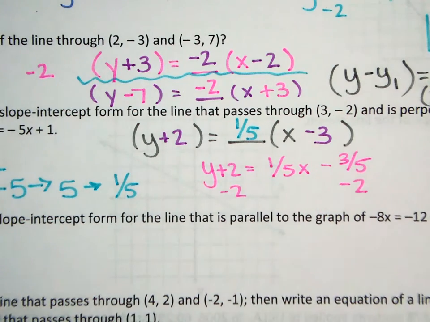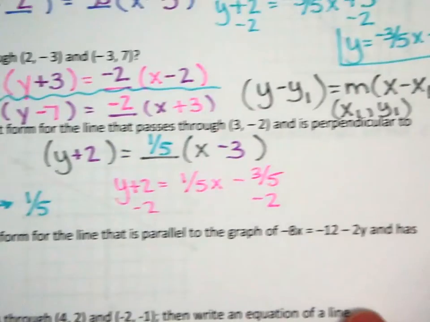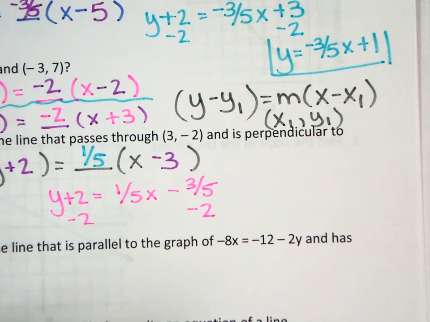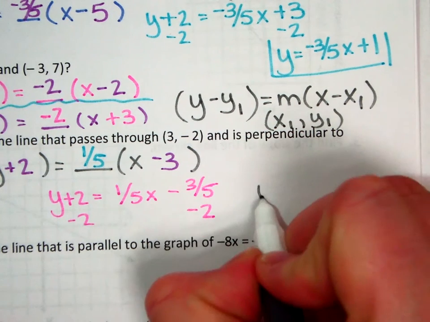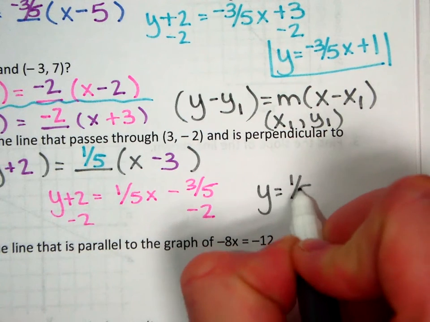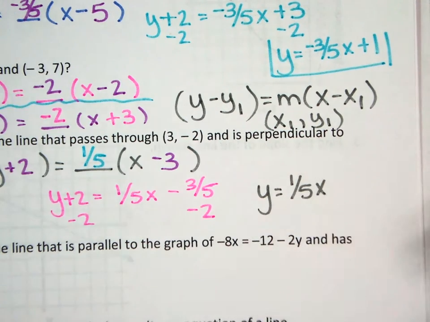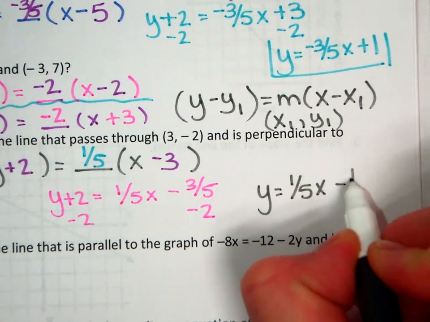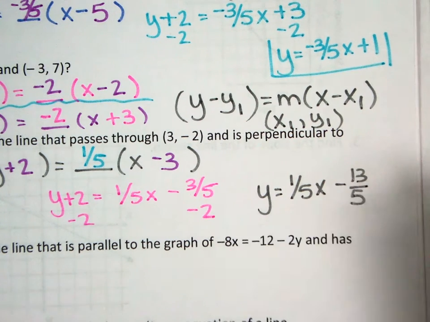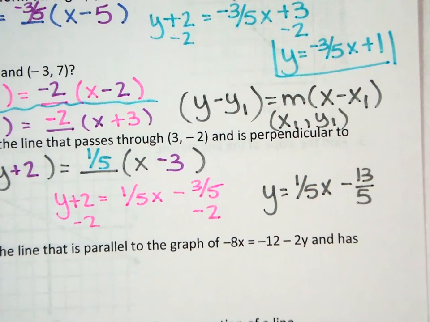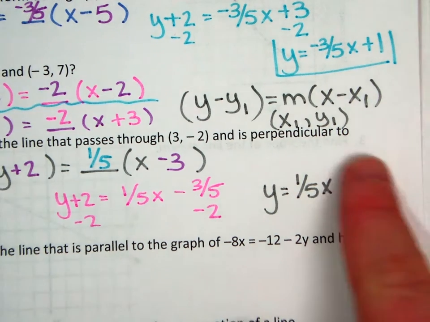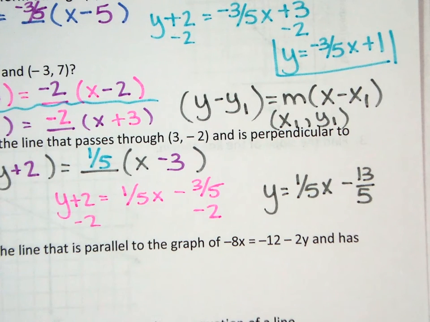And then my final equation, writing it over here, is going to be y equals 1/5 x. And in my calculator, taking negative 3/5 minus 2 is going to be a negative 13/5, because 2 in fifths is 10. So negative 3/5 minus 2 is going to be a negative 13/5. And this would be my final answer in slope-intercept form.